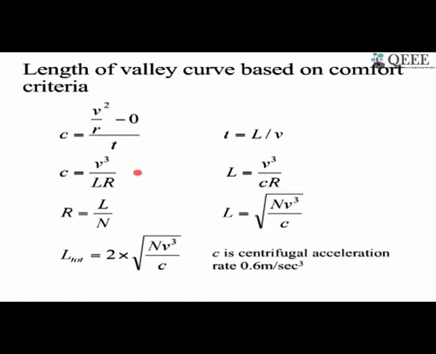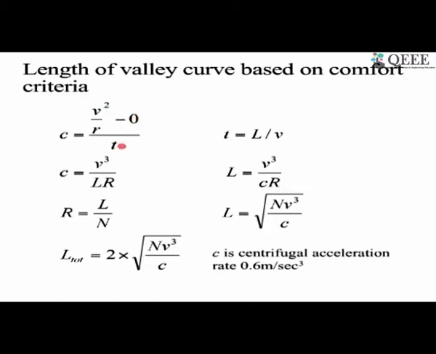How do we estimate the comfort criteria? We need to look into the change in centrifugal acceleration. So the change in centrifugal acceleration is this. The C is the centrifugal acceleration, and the change is going to happen. So the change at the curve at the bottom is going to be v square by r, where r is the radius. At the tangent, when the curve began, at that time it is 0 because r is infinite.